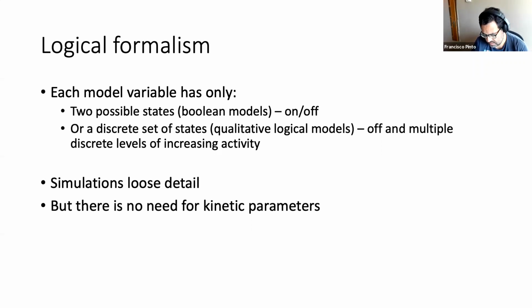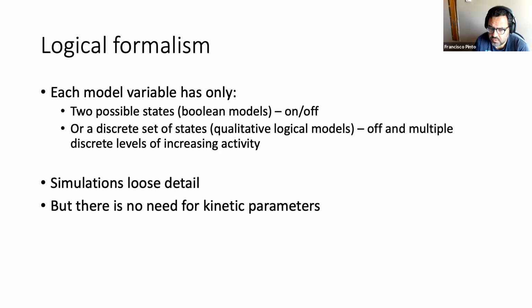But these logical Boolean models have been extended to include some more diversity of states, but still discrete. Each node can have only a discrete set of states, and those are called qualitative logical models.